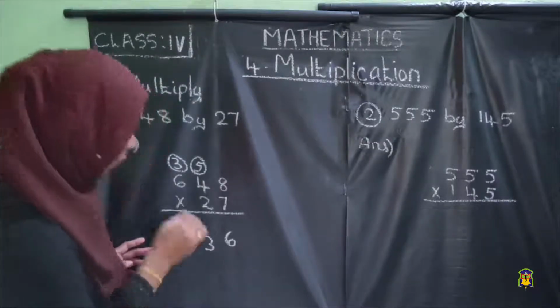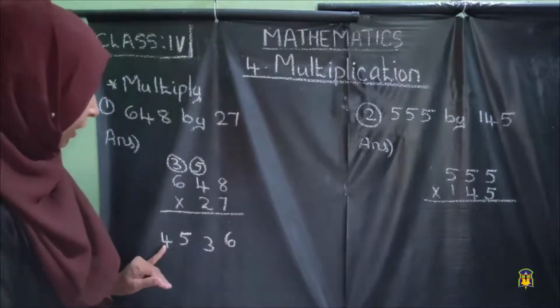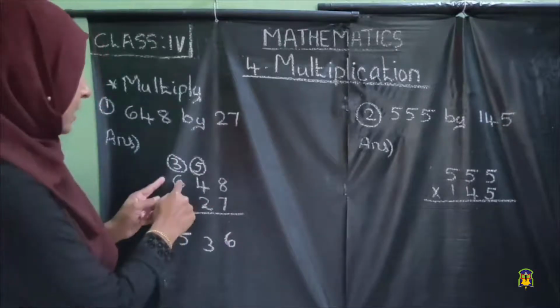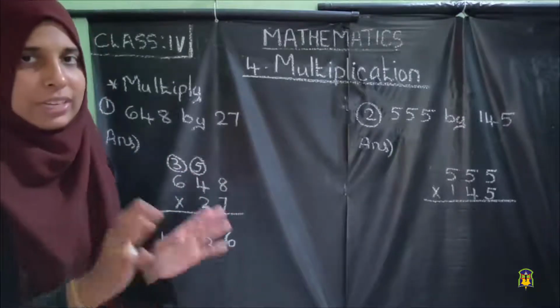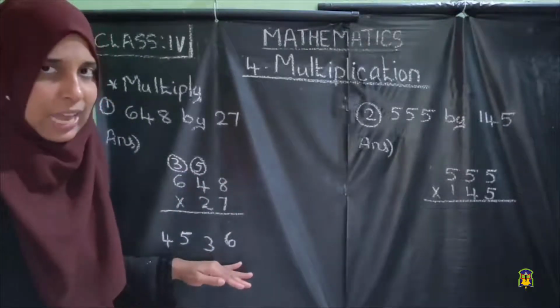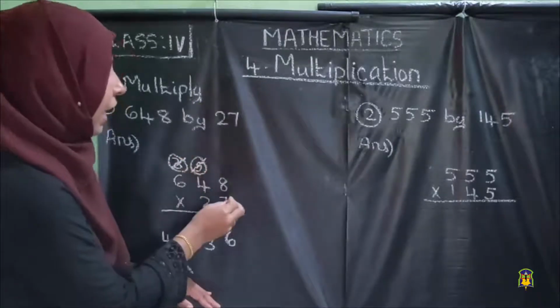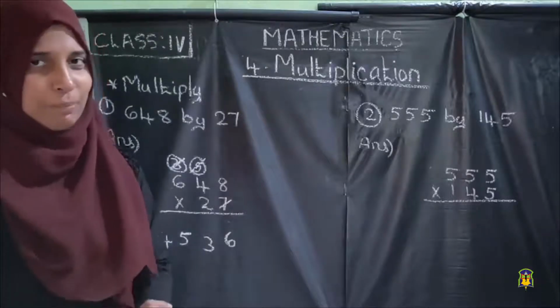So here first we get 4536 when we multiply 648 into 7. Okay, so we've done that. So after getting this answer, we can cut out this carryover and 7, otherwise it will make confusion among you.